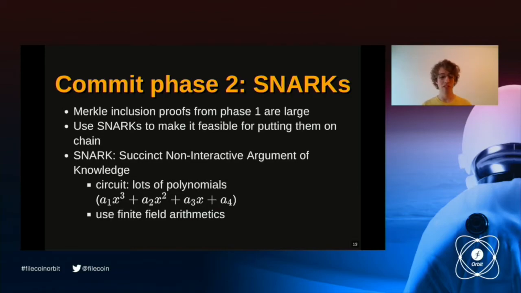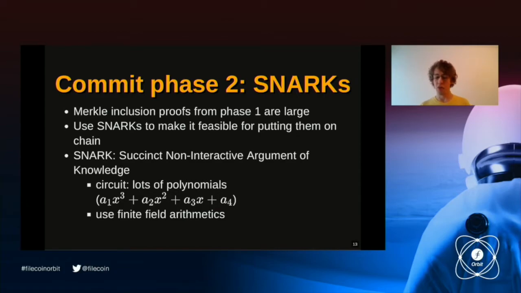And you have lots and lots of them, really a lot. And all those operations that you do in those SNARKs happen in finite fields. So you need finite field arithmetic, because it's also working on elliptic curves and so on.